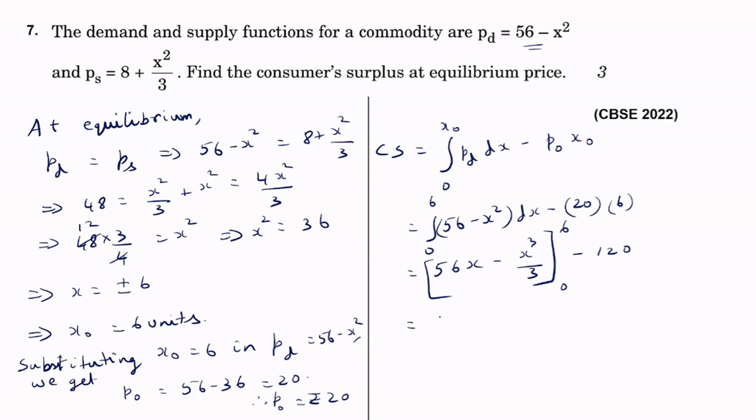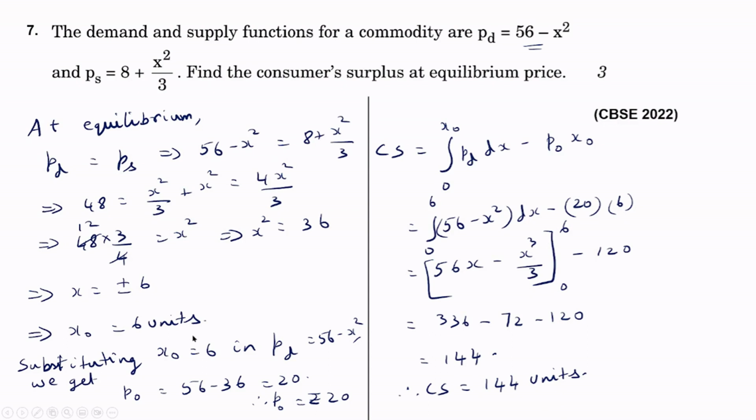So here 56 into 6 is 336, minus 6 cube by 3, which is 72, minus 120. So this is equal to 144. Therefore consumer surplus is equal to 144 units.